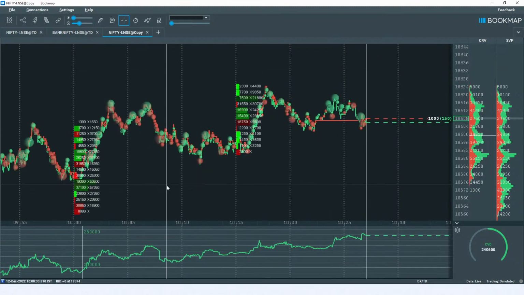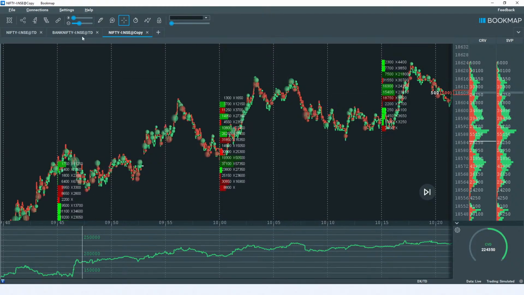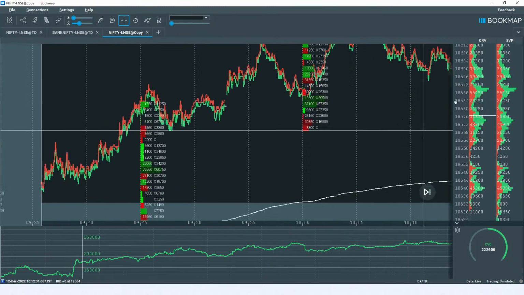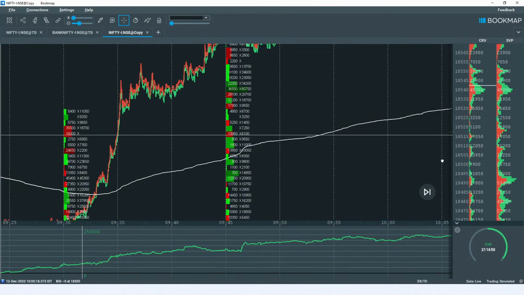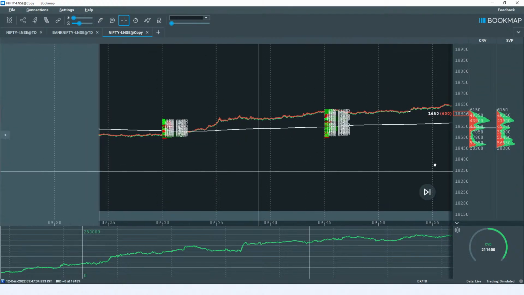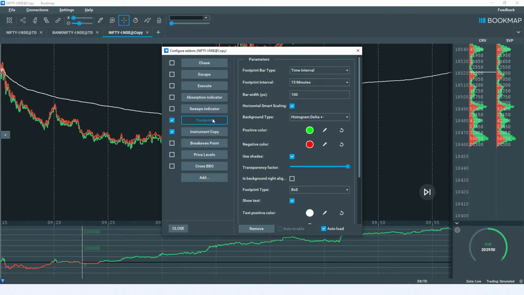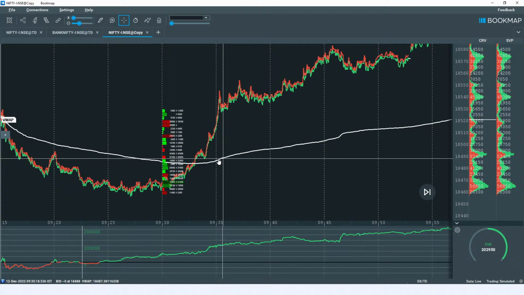How can we do that? Just a moment. Let me disable the volume dots. And here is where we can identify it. This is the footprint information. Let me see whether it is set for 15 minutes. If you just go to the 15-minute, yes, it's a 15-minute footprint chart that we are presently monitoring.